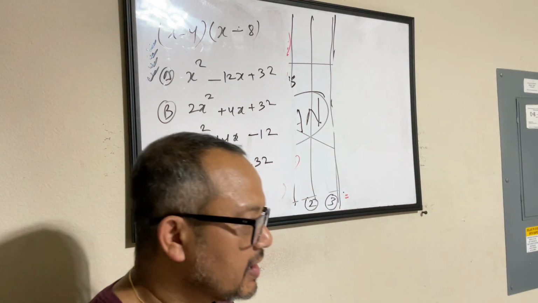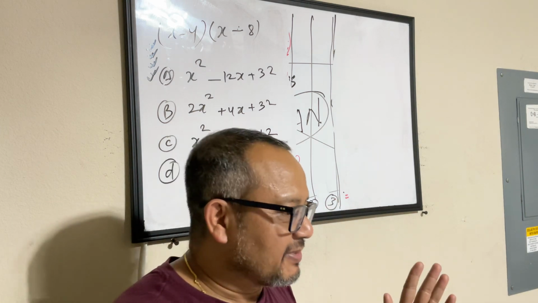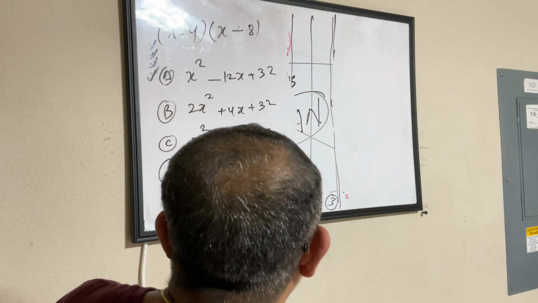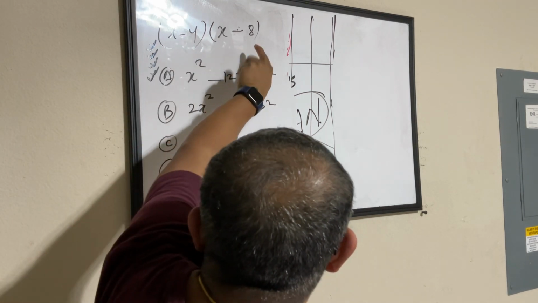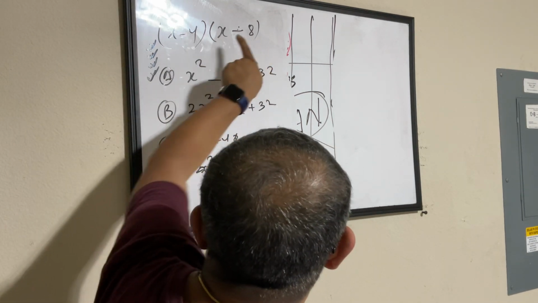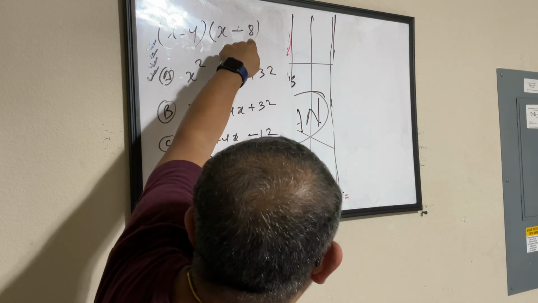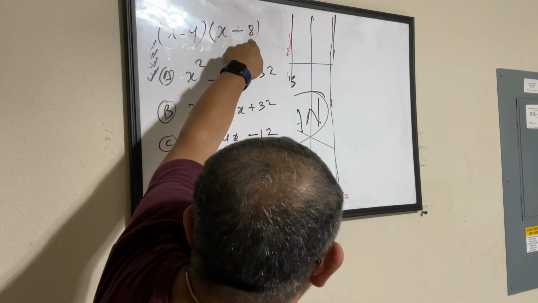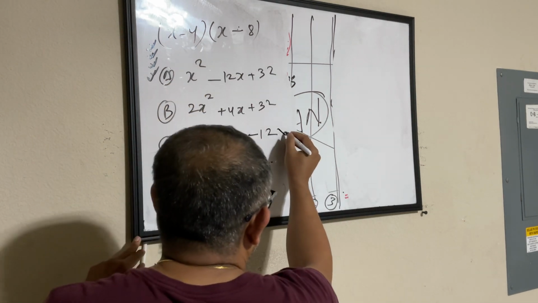Okay. So look at this. This is exactly what everybody would have done, right? So that's why I'm not asking each one of you one by one. First thing is, when you are multiplying, one constant you will get, and that will be a multiplication of -4 and -8. And that will be plus 32. So just by looking at this number, you could kill this guy.